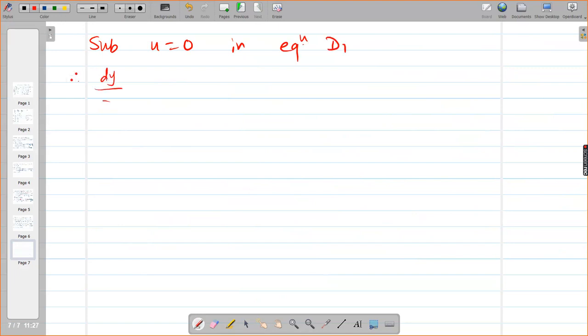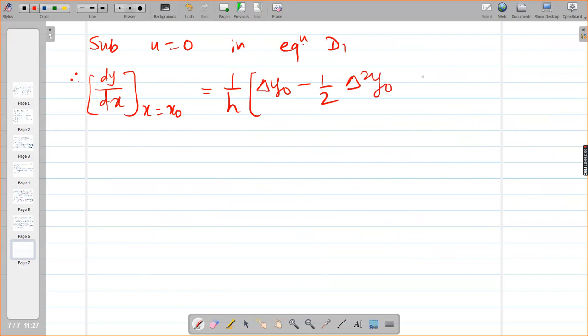Therefore, dy upon dx, at the bottom we will specify it is x equal to x naught. So 1 upon h delta y naught minus half delta square y naught plus 1/3 delta cube y naught minus 1/4 delta raised to 4 y naught.